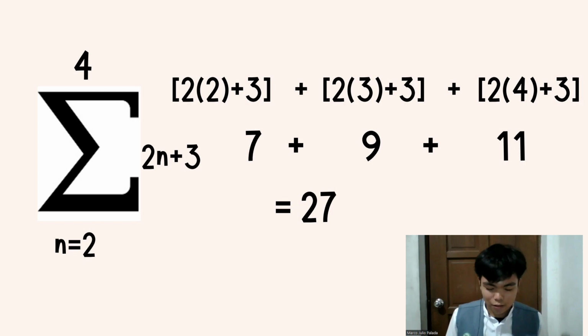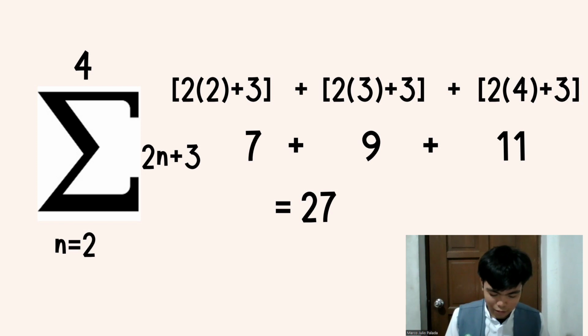Next, the summation of 2n plus 3, from n equals 2 to 4. What we're going to do is substitute first. We have 2 changed into 2 plus 3. Don't forget the bracket sign. Now we have 2 times 3 plus 3. And now we have 2 changed into our last number, 4 plus 3.